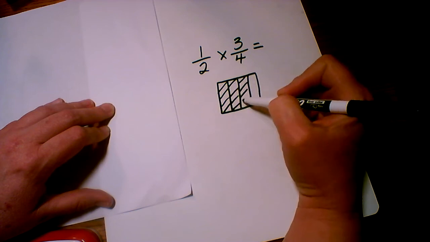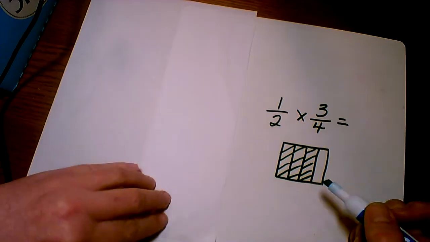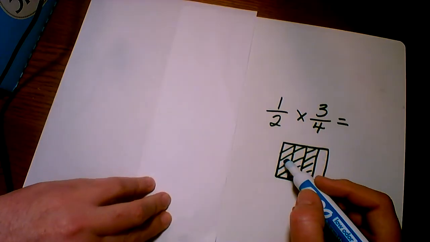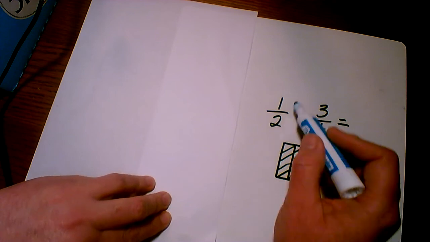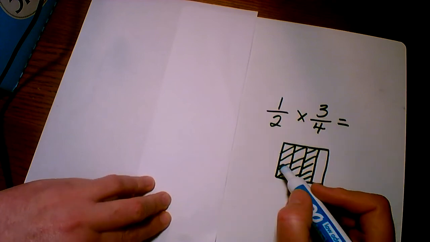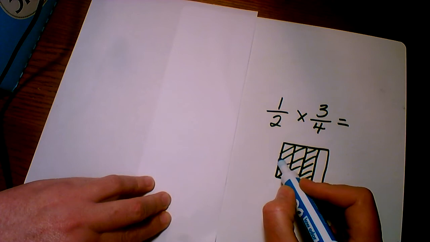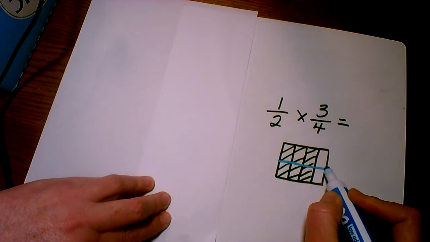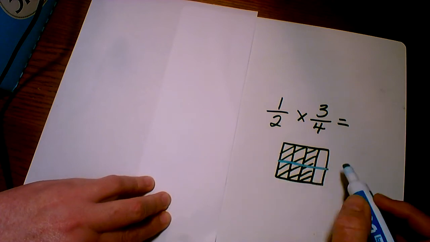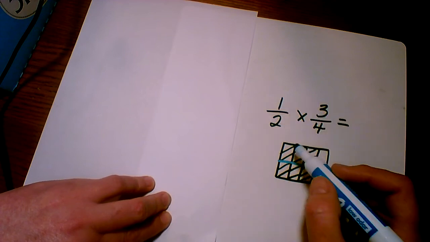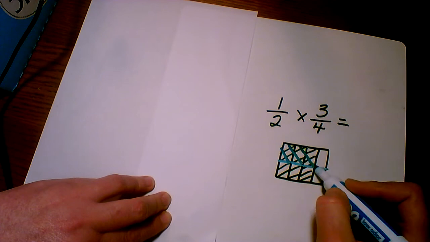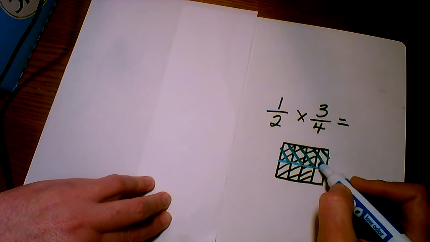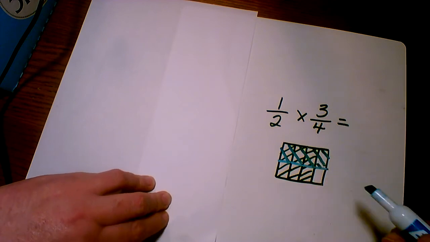of those pieces. Now, to make it easier to see, you don't have to use a different color, but I like to. Now I'm going to do this fraction. So I'm going to divide the square in half, going the other direction horizontally, and I have 1 of those. So now I'm going to cross hatch going the opposite direction of the one that I went for the 3/4.